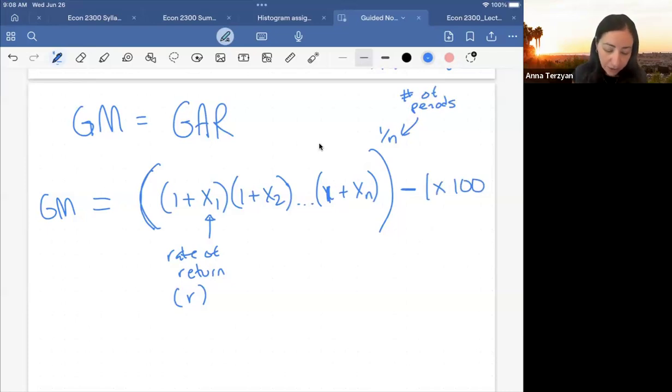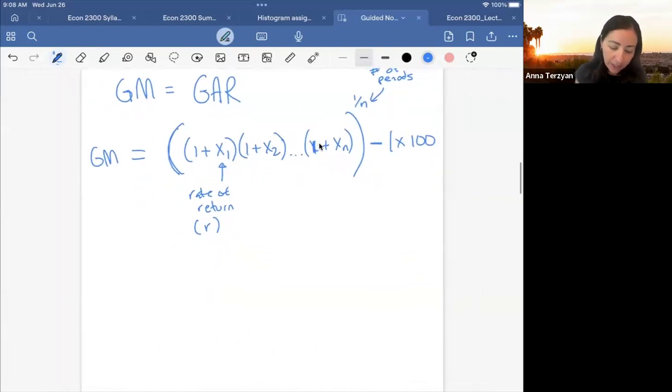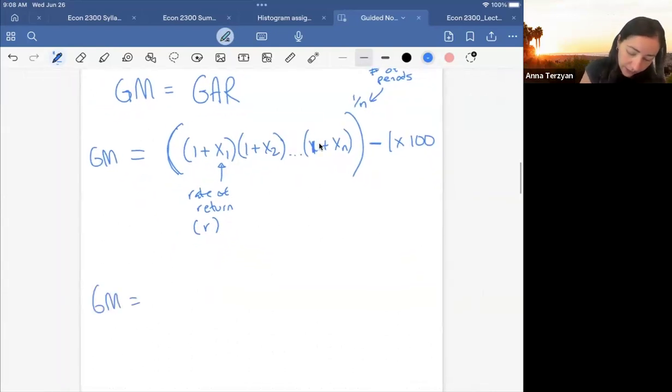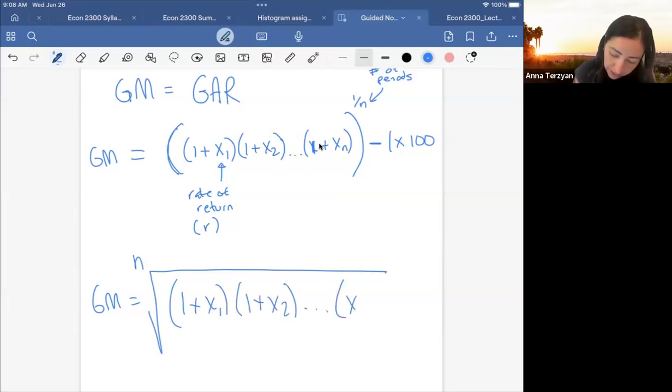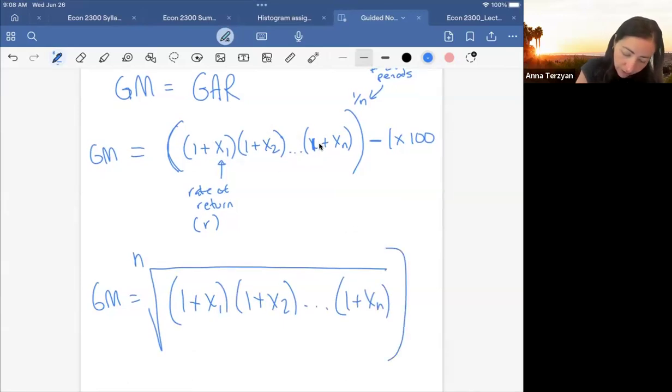So you're going to take each growth factor, add 1, multiply them across, and take the nth root, basically. So this is one way of writing it. The textbook writes it this way. They have the nth root of 1 plus x1 times 1 plus x2 up to 1 plus xn, and then minus 1 times 100.